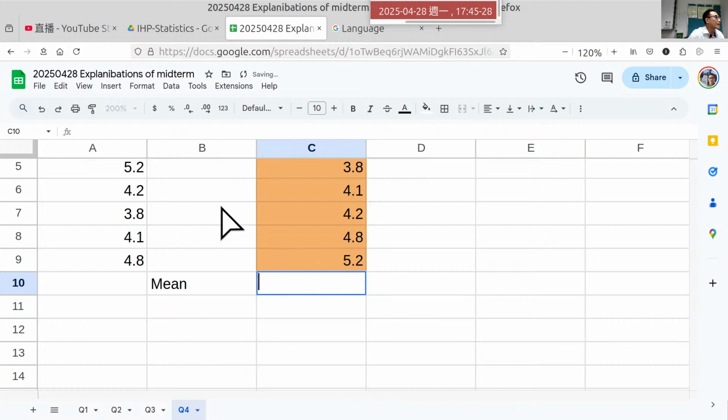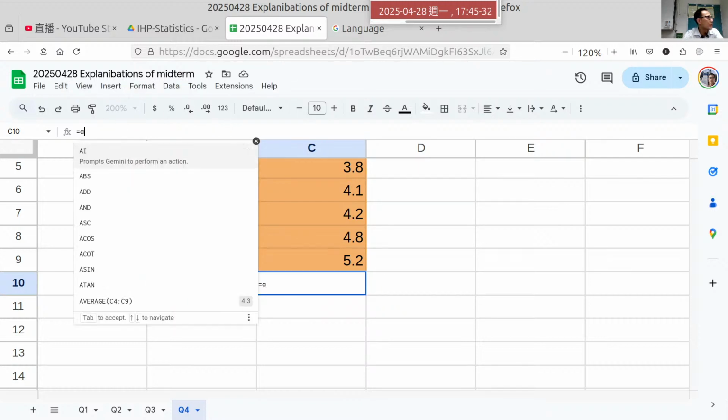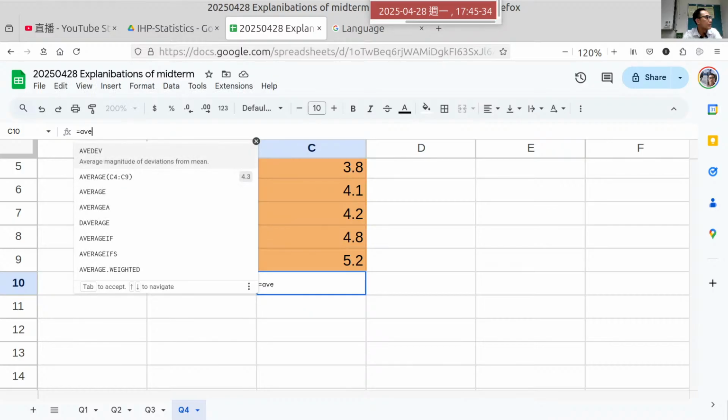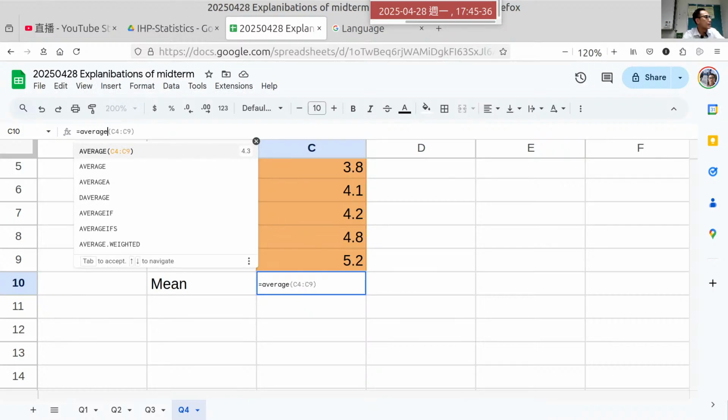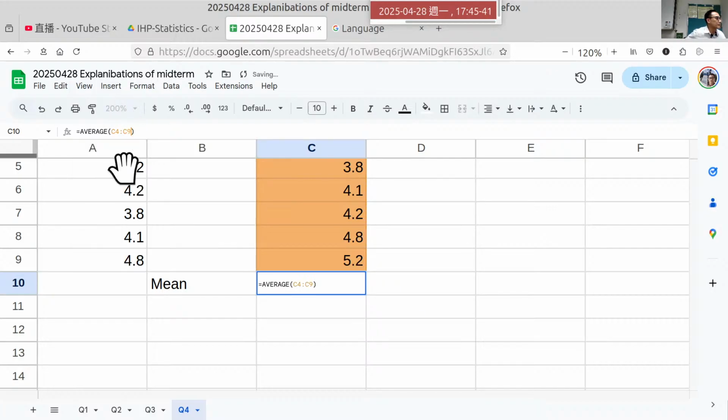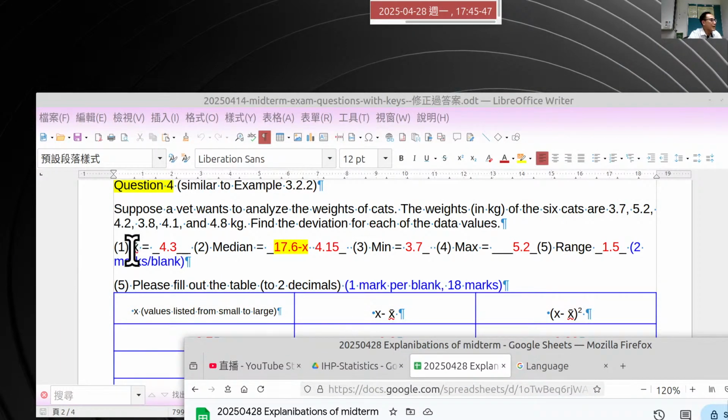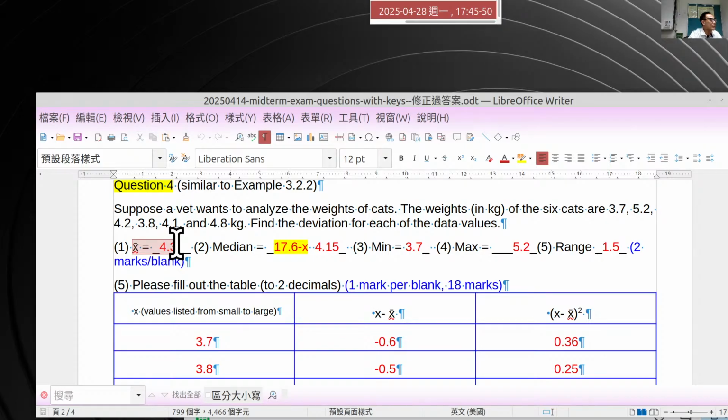Okay, click here, and click equal, average, C4 to C9. That's correct. The answer is 4.3 kilograms. The first one, X bar, is 4.3 kilograms. And how about the median?